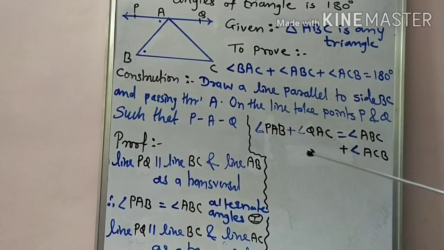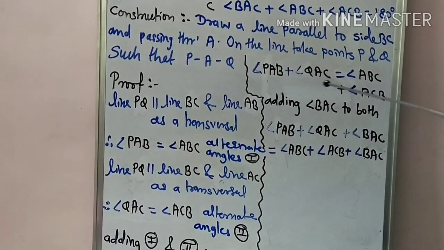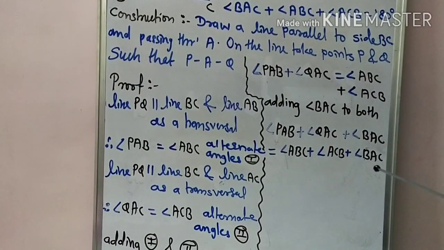So what we do here, students, is add this angle BAC on both sides. On the left hand side we add angle BAC, and on the right hand side also we add angle BAC.